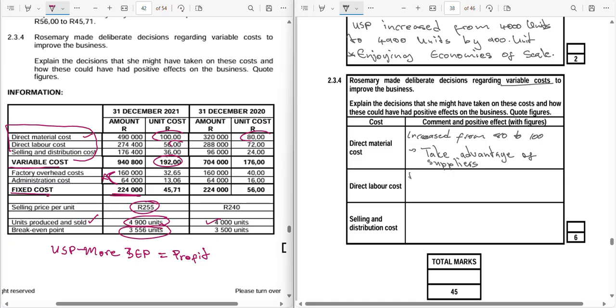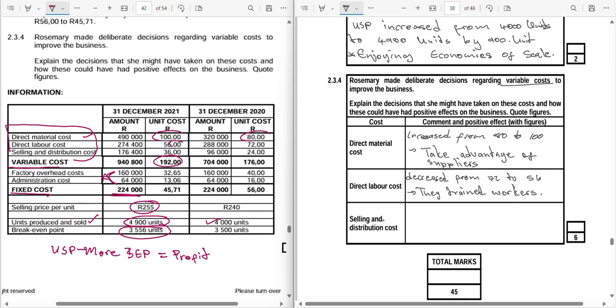So you're going to say decreased from 72 to 56. So what did they do for this to happen? They trained employees, or they paid workers according to the number of units produced.